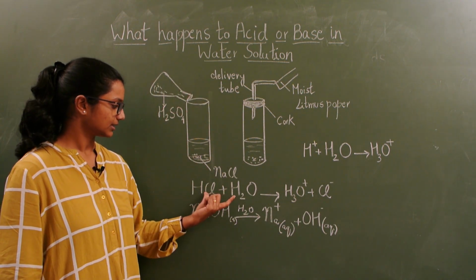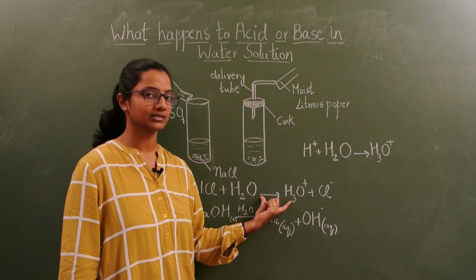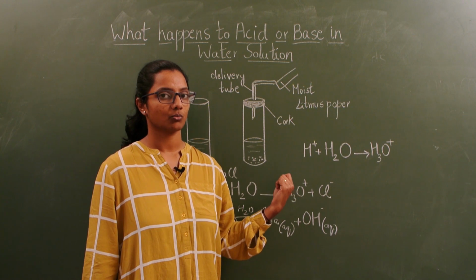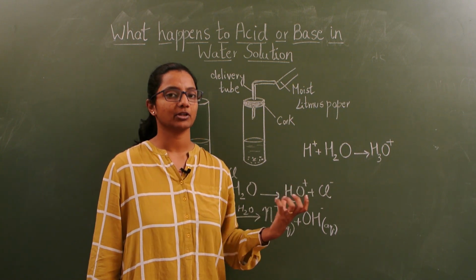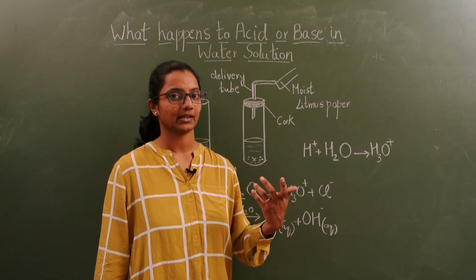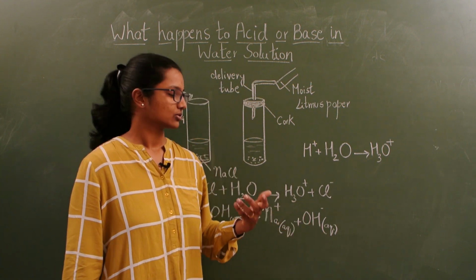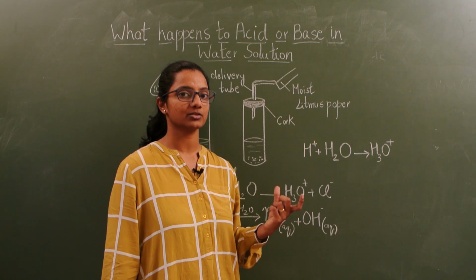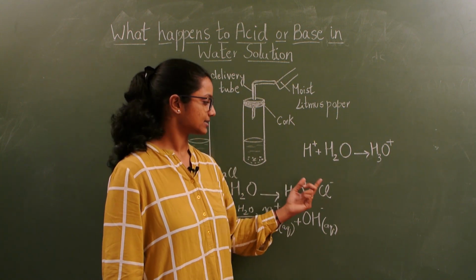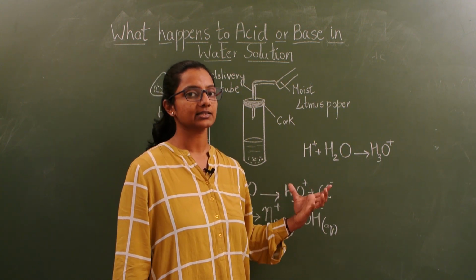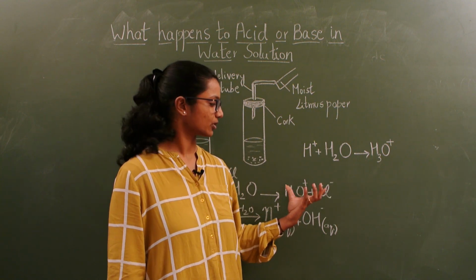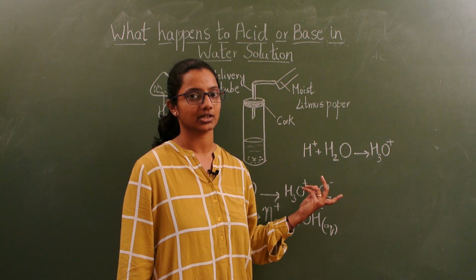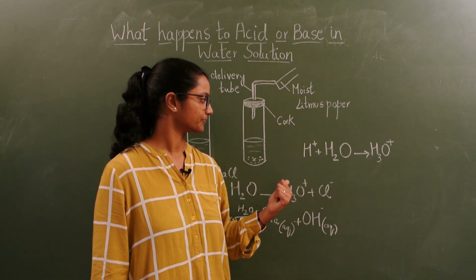So acids, when they come in contact with water, that is the time they form ions, like I have mentioned earlier. So H+, which is a cation, and Cl- anion, these ions are responsible for the flow of electric current, which we have studied in our previous activity.